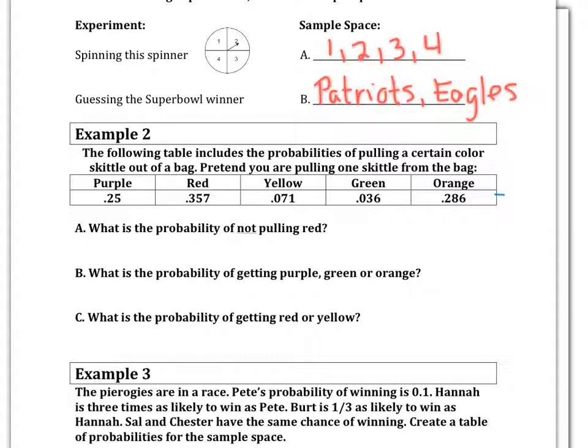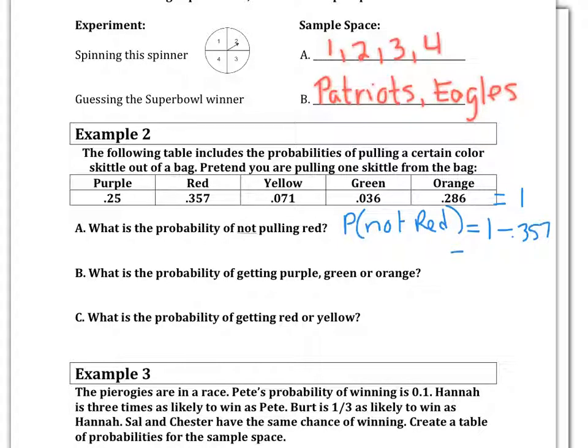total of 1. So what I could do here, the probability of not pulling red, and by the way, the notation is written like this, where we have the capital P, and then in parentheses we put the event that we're finding the probability of, so not red, would be everything except red. So you would do 1 minus the probability of red, which would be 0.357.